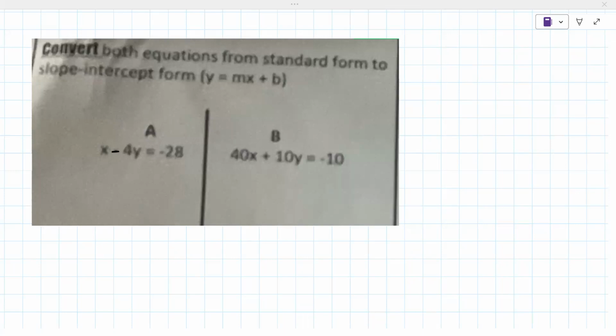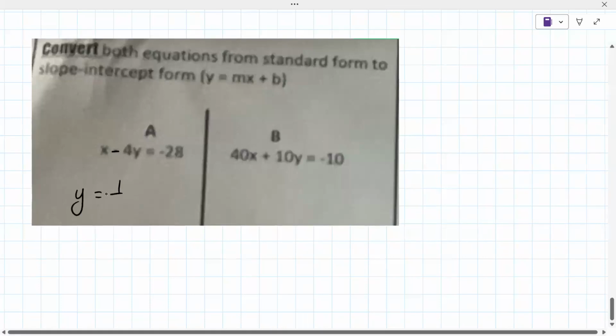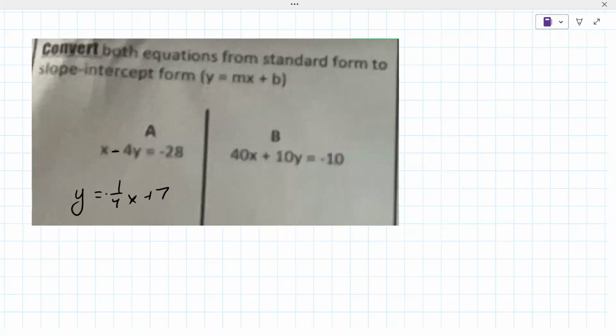I got 1/4x plus 7. Okay, there you go. So 1/4x plus 7 like that. Okay, good. That is correct.